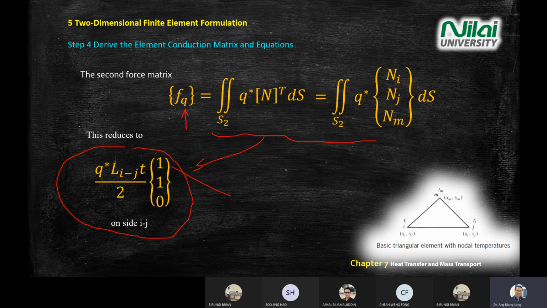Again, the first number here represents point I, the second one J, the third one M. So you have 3 numbers there. For point I, you have q star, L I minus J, t, divided by 2, times 1. For point J, you have the same, 1. However, for M, you don't have a value there.